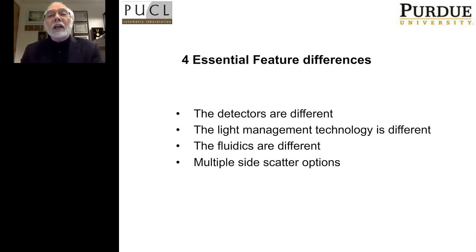So I would say that there are 4 essential feature differences in the CytoFLEX compared to other instruments. What I propose to do in this webinar is to focus on those differences, to try to explain why they're different and what advantages they may have.